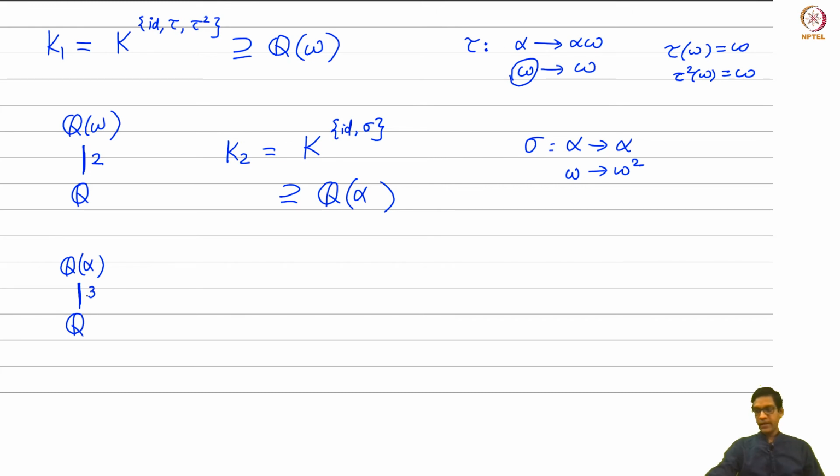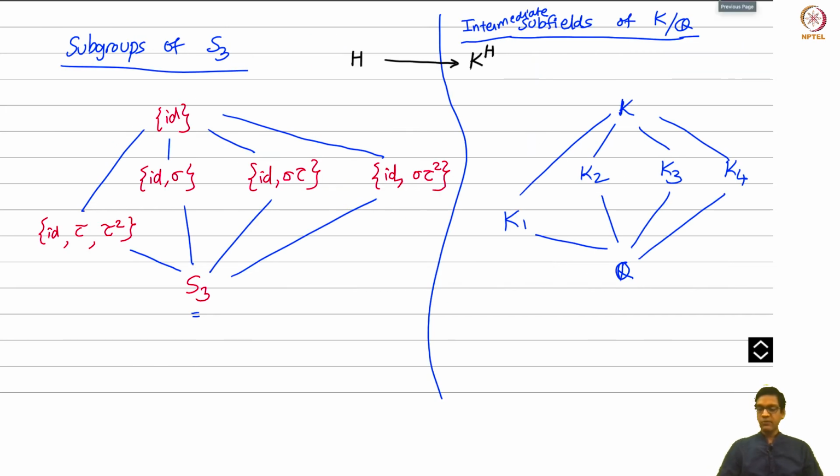Now let's go back and use another part of the fundamental theorem of Galois theory. It says the following: if I have this subgroup H, then the cardinality of H is the same as the degree of the extension K over KH. Let's use this now because it gives us some valuable information.